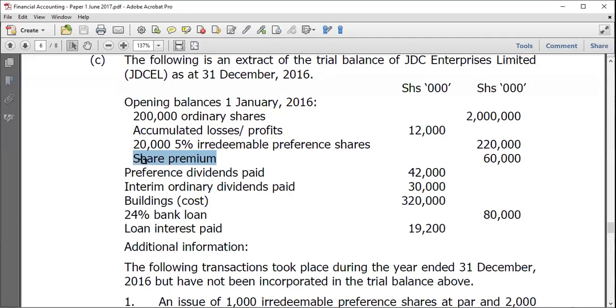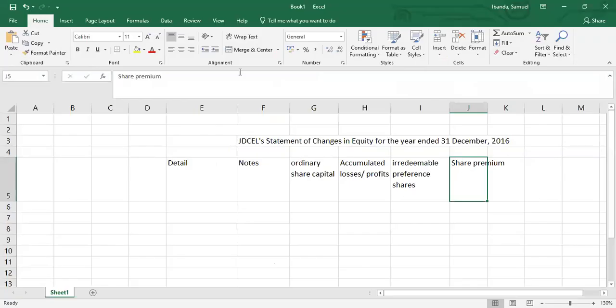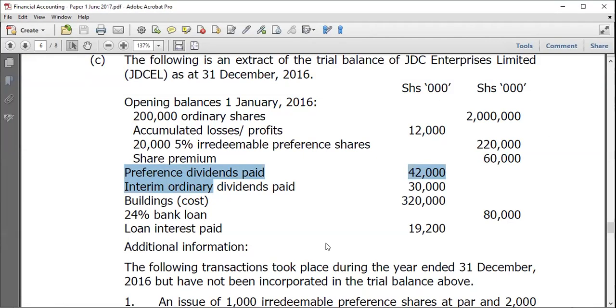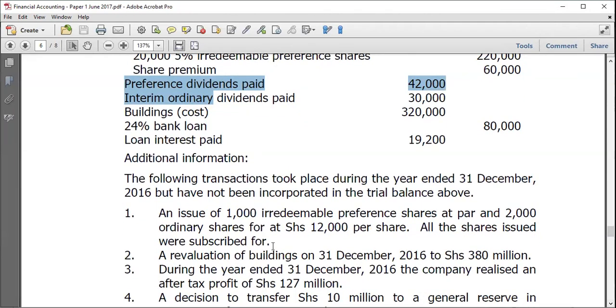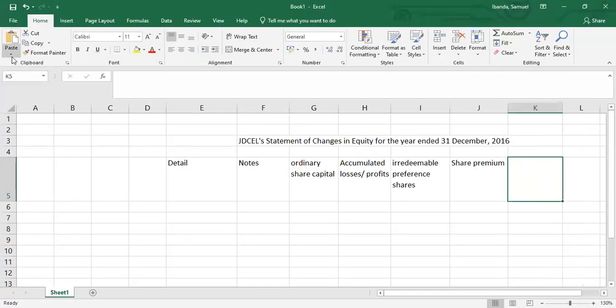Then I have share premium. These ones will follow under. I now have another item here. I have a revaluation account, so I have revaluation surplus.